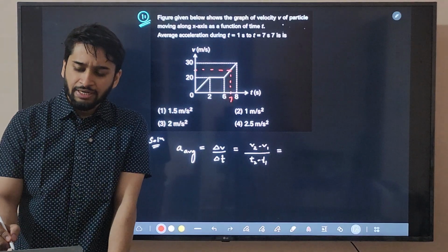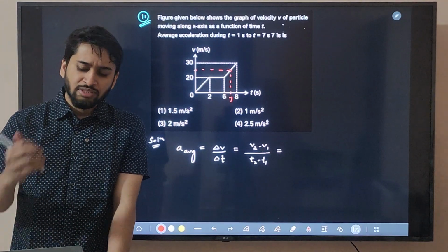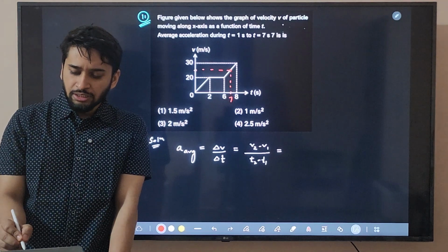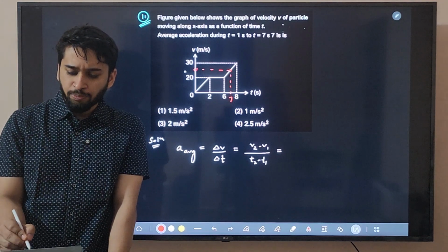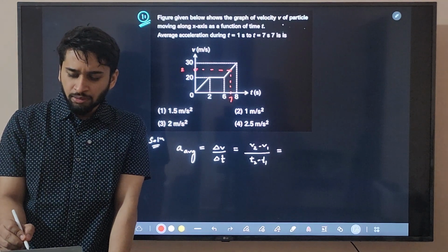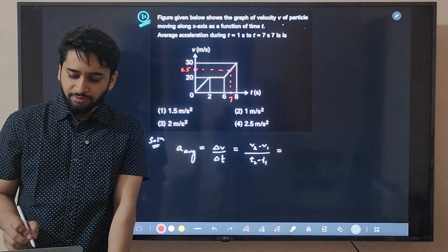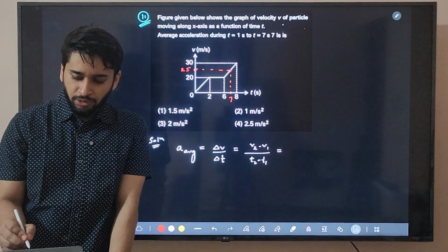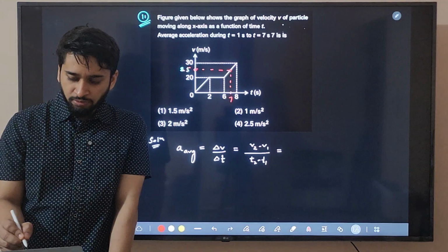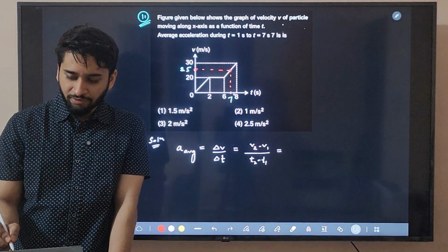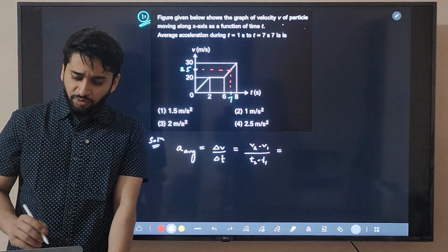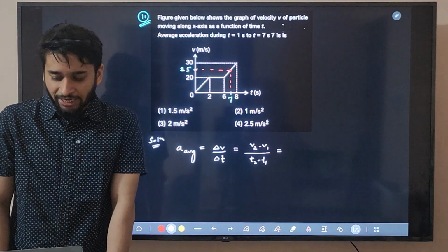You can figure that out, or you can write the equation of this line. I think it will be simply the midpoint. So this will be 25, and this is your 7, right? Clear? Following everyone? All right.